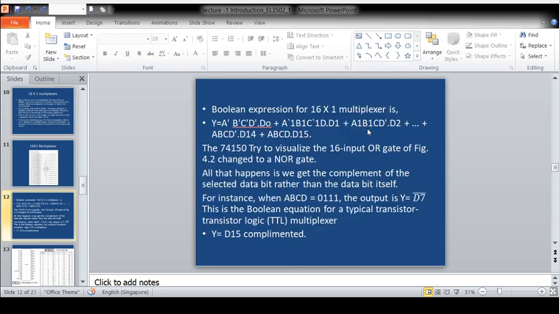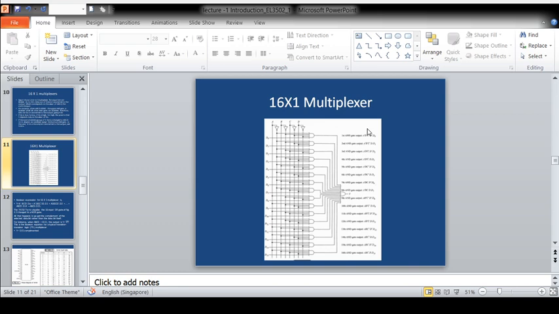You can see the block diagram or schematic circuit diagram of this one. A, B, C, and D are the 4 control signals, with their complements available from the NOT gates, and this will prepare a bus bar system. How many AND gates are required? 16 AND gates are required.